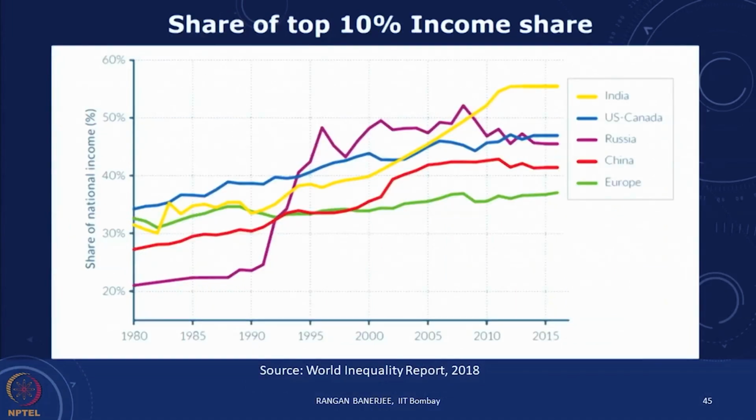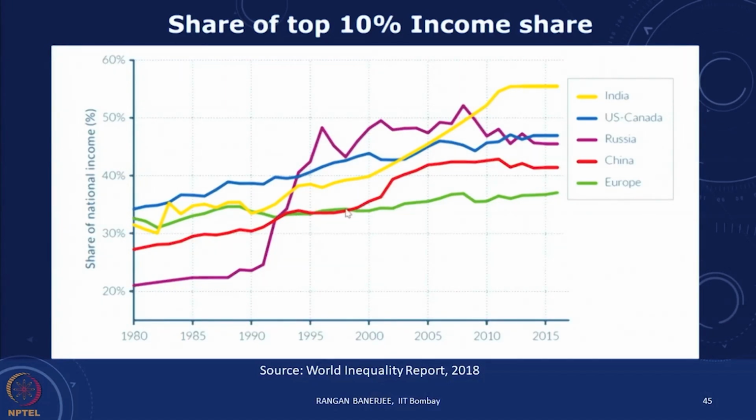We may also look at how this share has been changing over a period of time. This plot shows you from 1980 onwards how these numbers are changing, and you will find that in most cases the share of the top 10%'s income has actually been increasing at a faster rate than the rest.